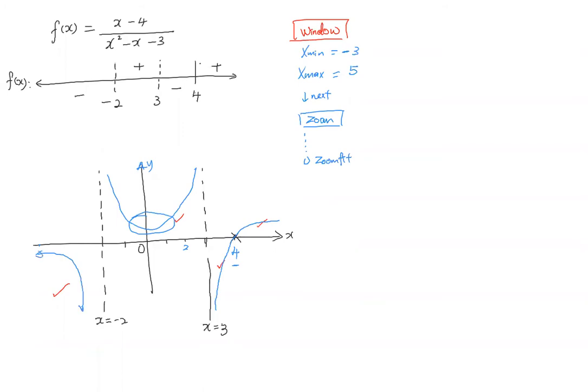Yes. Okay. Can you use your GC and find the coordinates of the turning point A? I give you time. We call it a local minimum. Do you understand now what we mean by local minimum?